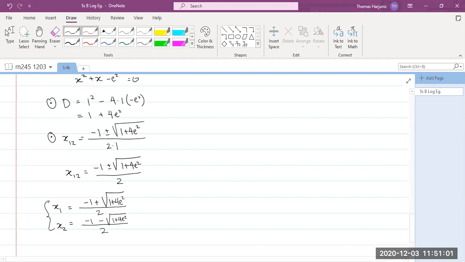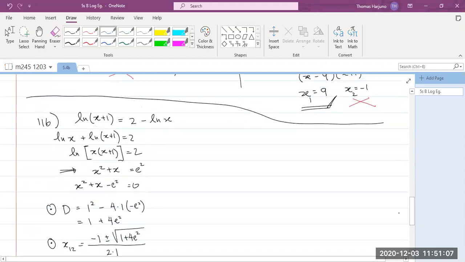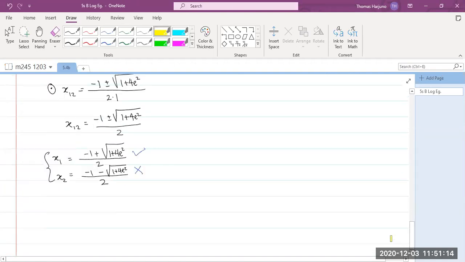Okay, now you will see that this one is okay, this one is not okay. Why? Because for the natural log of x, the x has to be positive, right? Okay, let me summarize that. So x equals negative 1 plus square root of 1 plus 4e squared, over 2. So it's not hard, right?